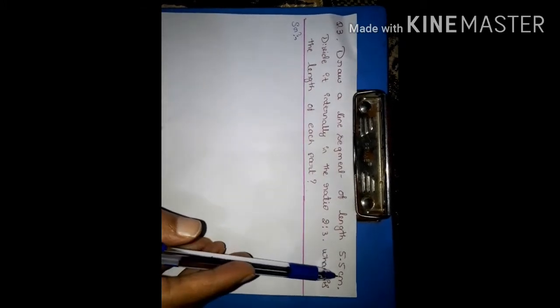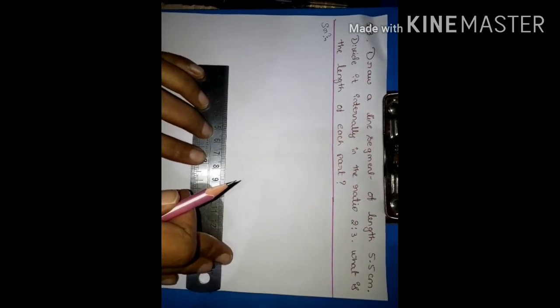Here, first step, you have to draw a line segment of length 5.5 centimeter using a ruler. Give the names A, B, which is 5.5 centimeter.